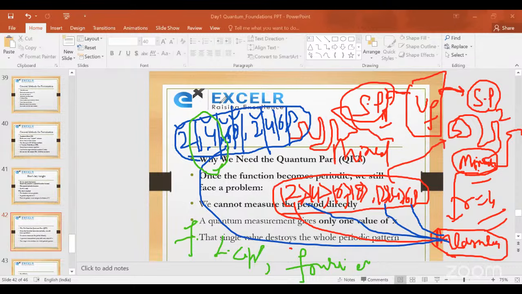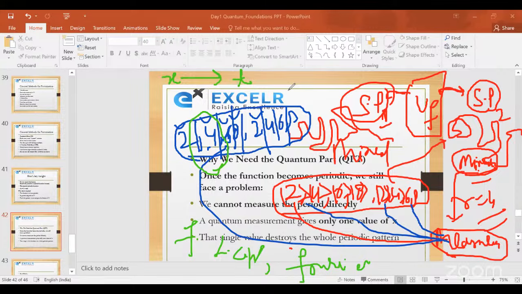Suppose on space x, we can change the basis to time t. In communication this is used very frequently: space problems are reduced to time domain problems and vice versa for communication signals. So this Fourier transform we can apply here.